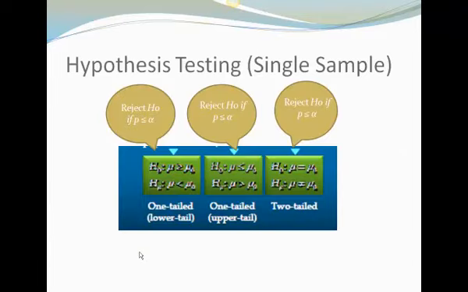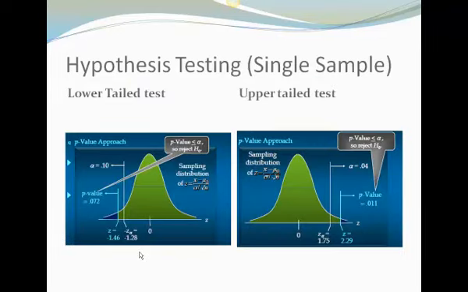H0 is mu is greater than or equal to your hypothesized value. We're doing this one-tailed lower test. So you reject H0 in the lower tail. In the upper tail, you would not reject H0. You would be finding that H0 was not in fact violated.